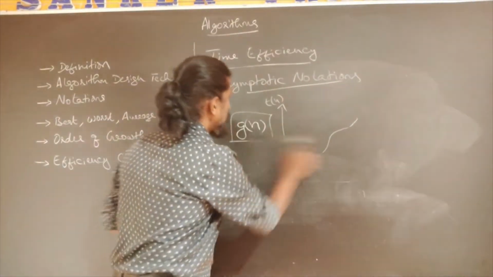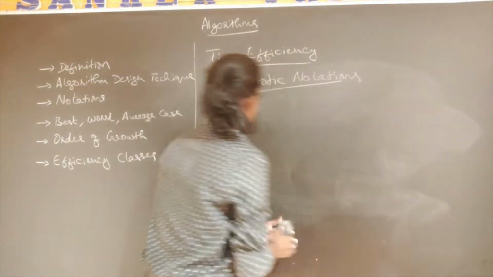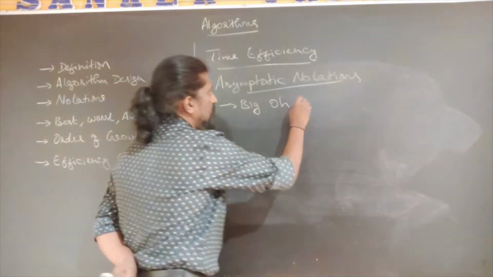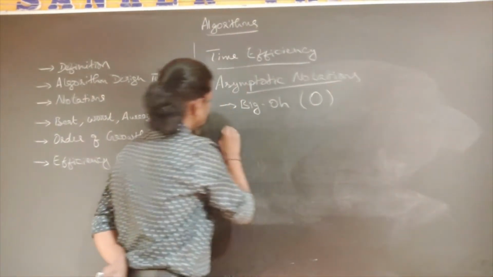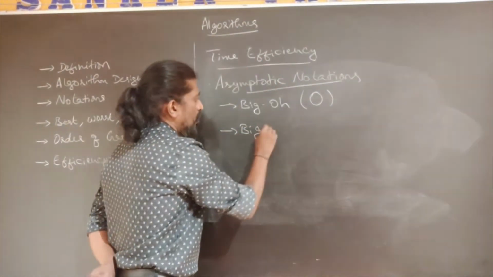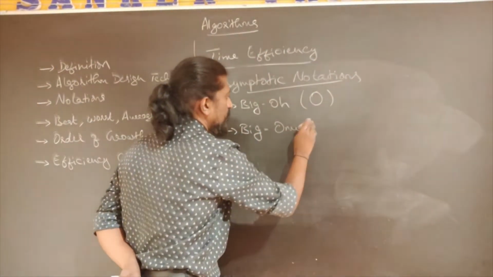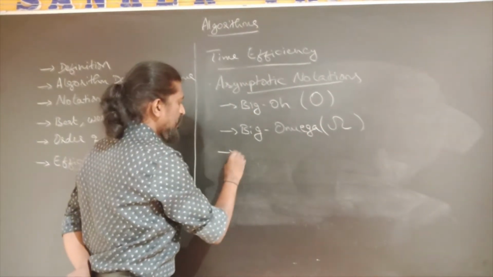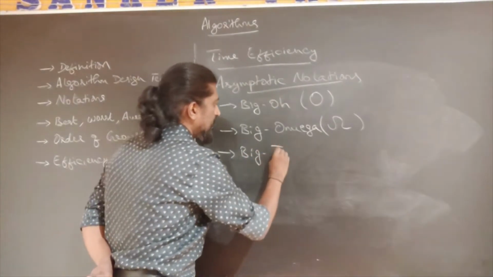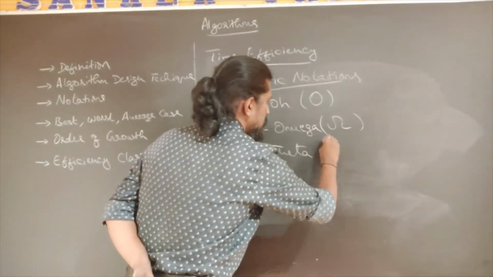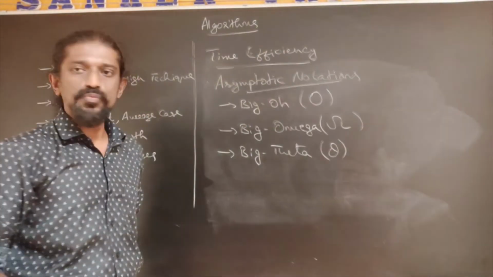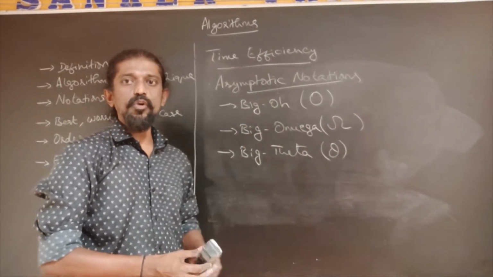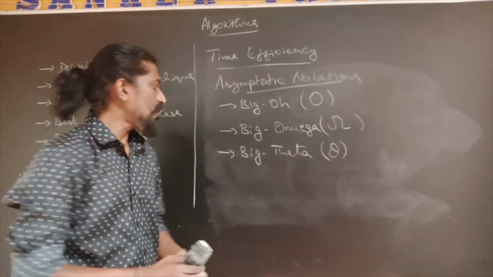We have three notations: big O notation, represented by O, big omega notation, represented by the symbol omega, and big theta notation, represented by theta. There are also small omega notations. Anyway, these are the important notations that we use. So let us discuss big O, big omega, and big theta notations.